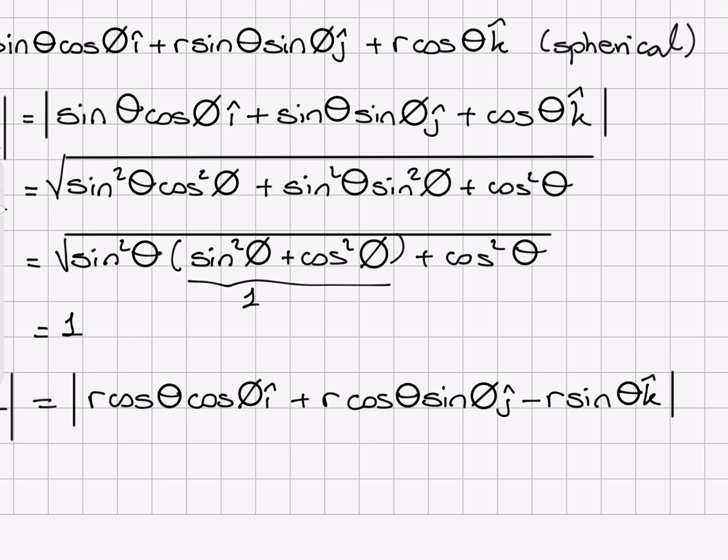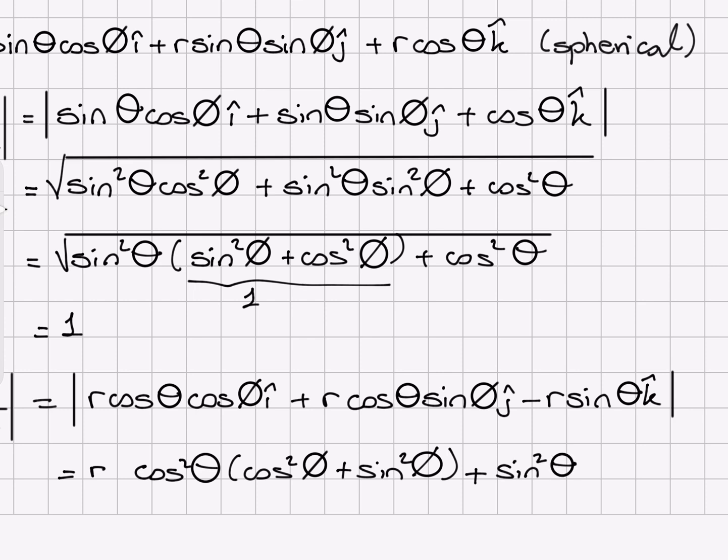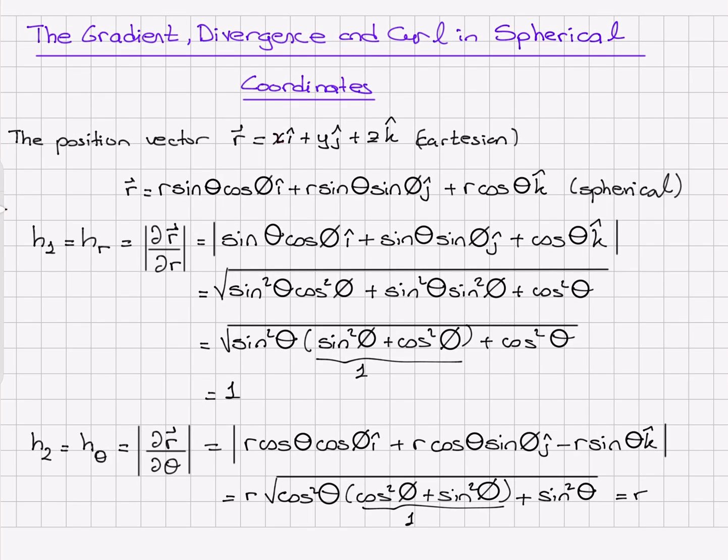Because r is common to all of these terms, r comes outside, cosine square theta times cosine square phi plus sine square phi, and the last term is sine square theta, all inside the square root, and this is 1 again, so we obtain square root of cosine square plus sine square, which is also 1. Therefore, my answer is simply equal to r.